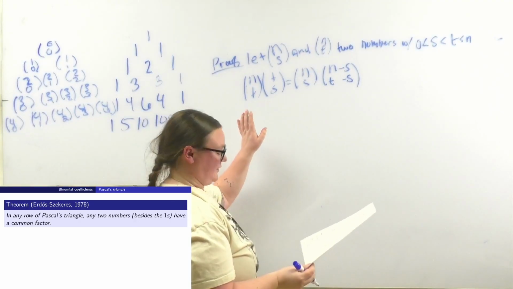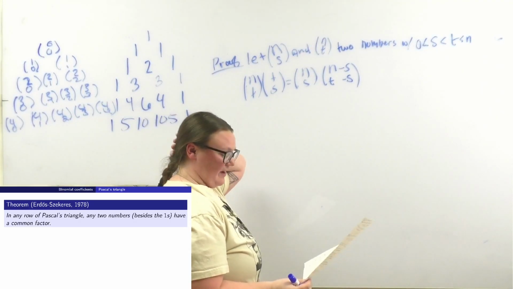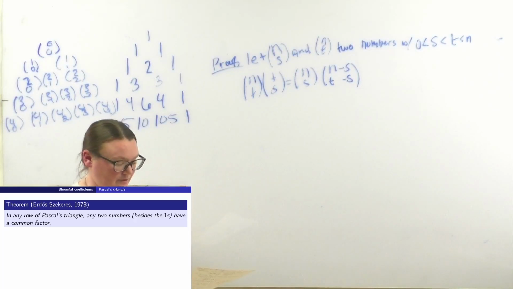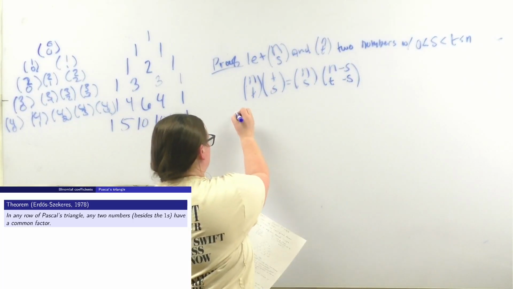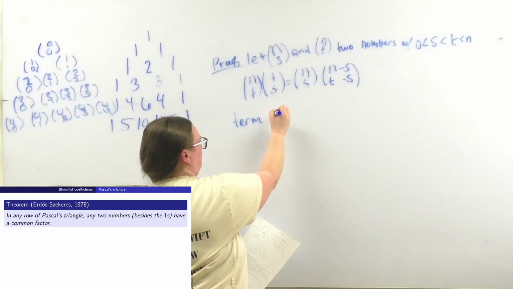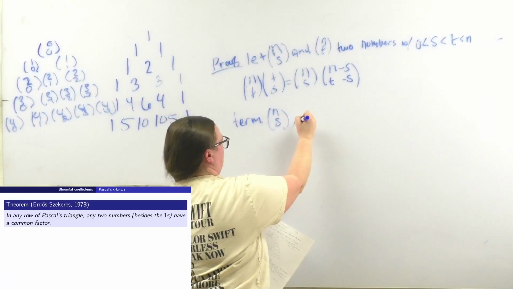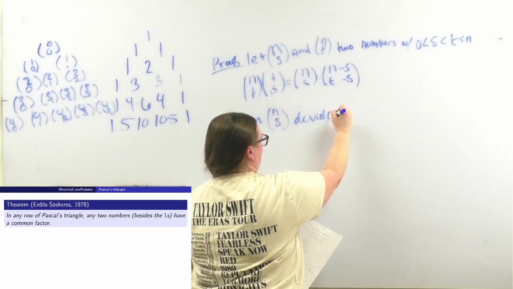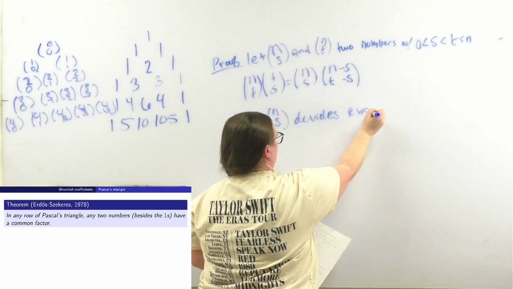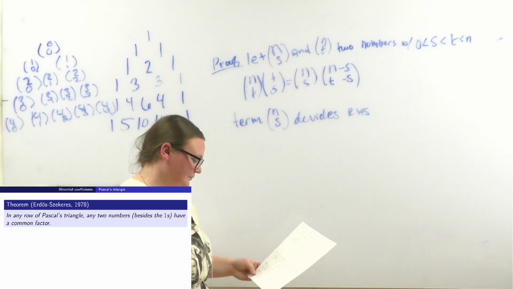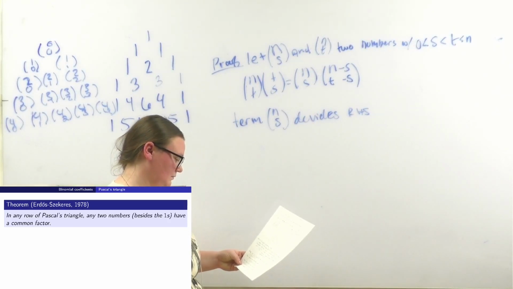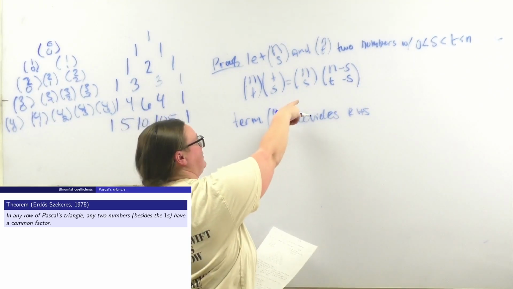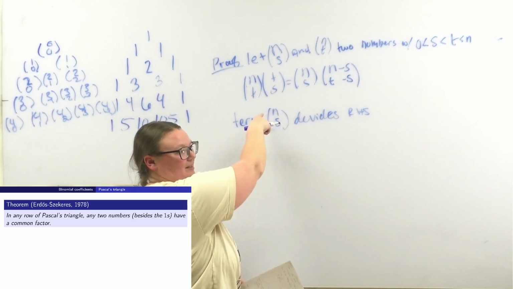Okay, then we're going to say that the term N choose S divides the right-hand side. So that's that side. So because these are equal, it also has to divide the left-hand side, right?